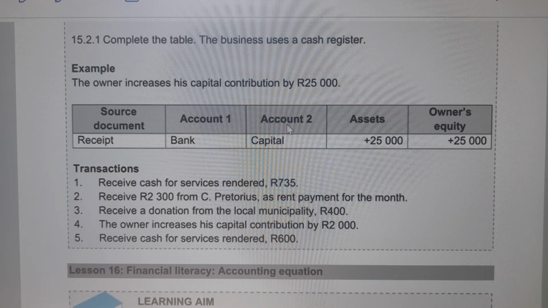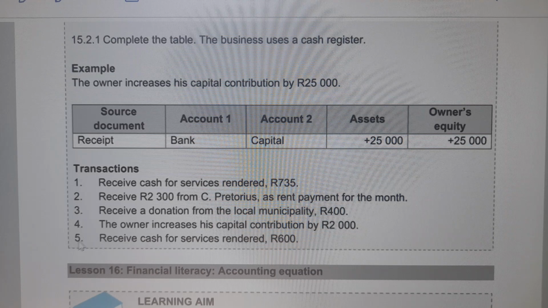Under account 2, it will be the current income because it's services rendered. Account 2 will be the current income, and the assets will increase by 735. The owner's equity will increase by 735 as well. I will do this last one, number 2, transaction number 2 with you.